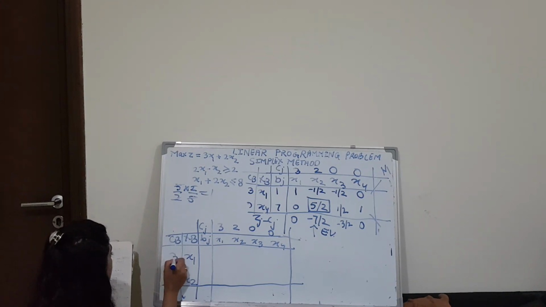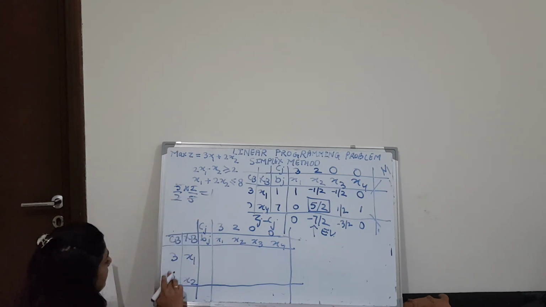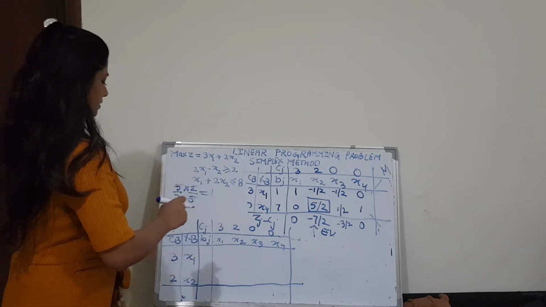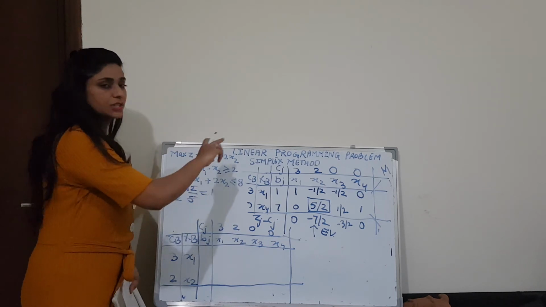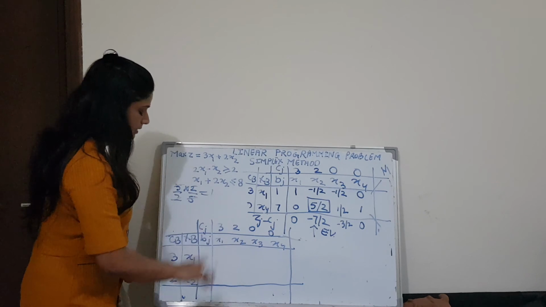You can check, 3 and 2. That is the maximization Z equation. We have to write those coefficients.